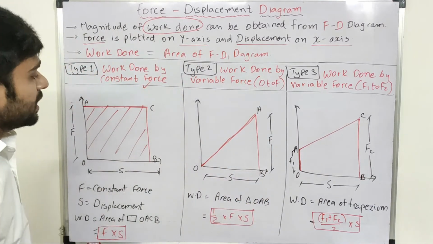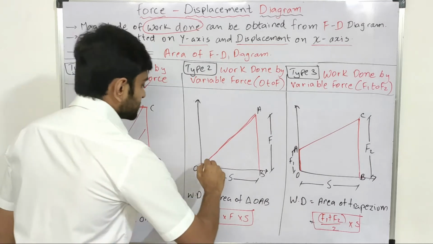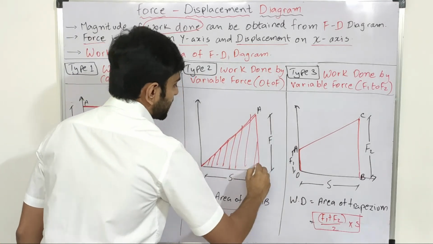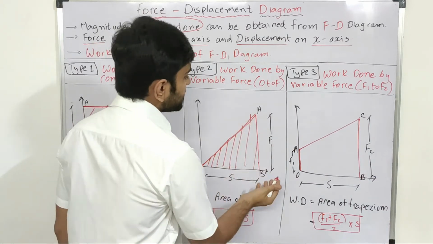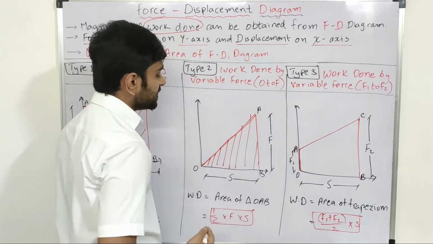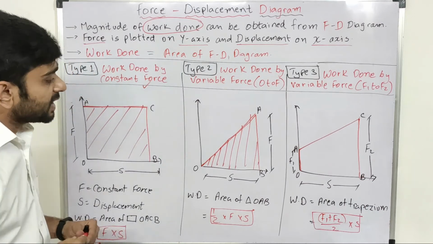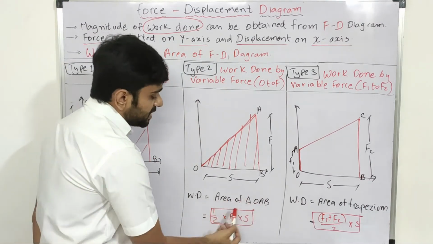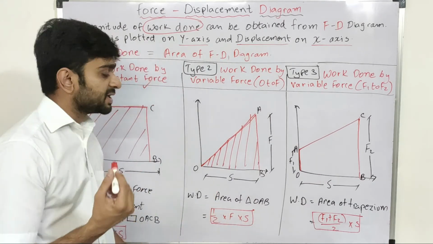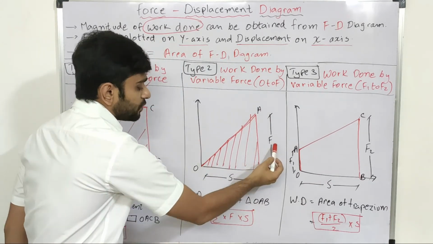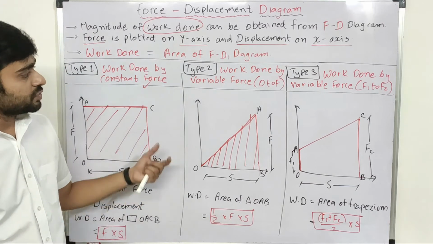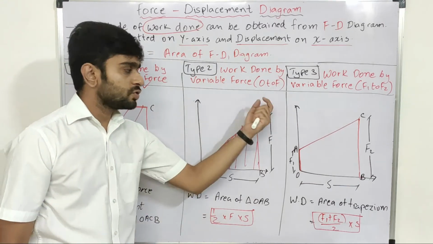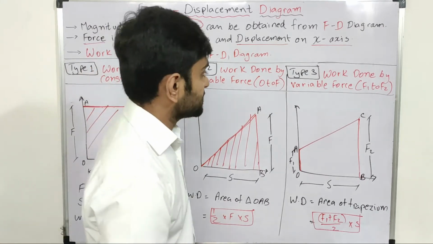So this time we have the area of triangle OAB, where AB is the force and OB is the S. If we calculate the area of this triangle, the work done will be the area of triangle OAB, that is half into base into altitude, that is half into S into F. So this is the work done by variable force starting from the origin to a particular value on the y-axis.